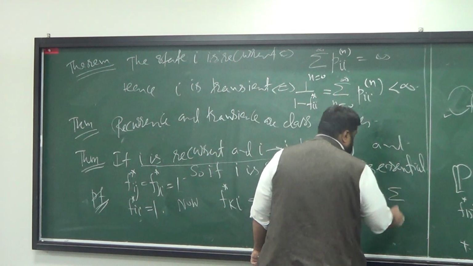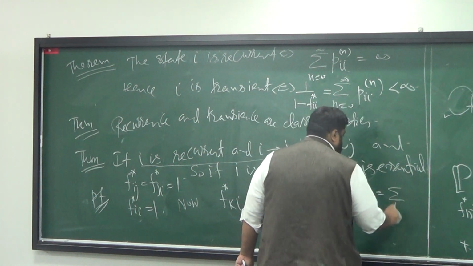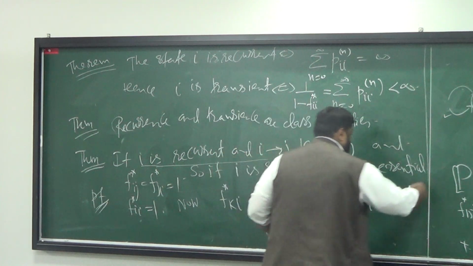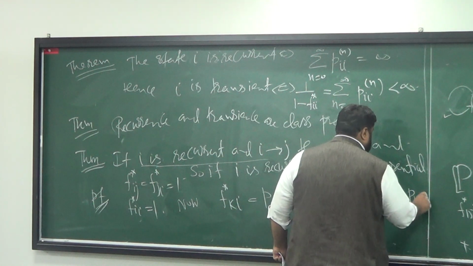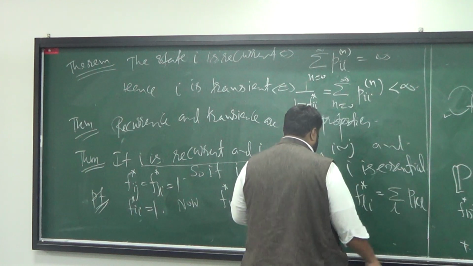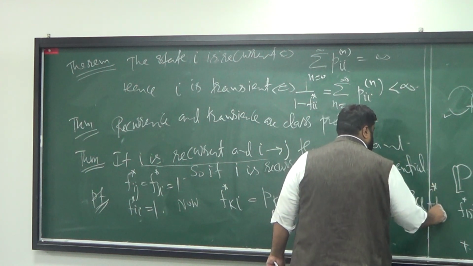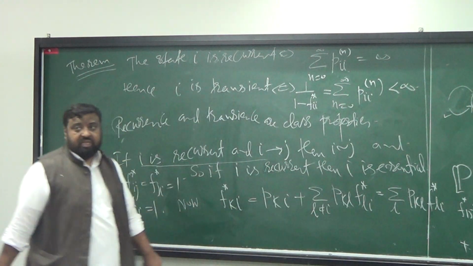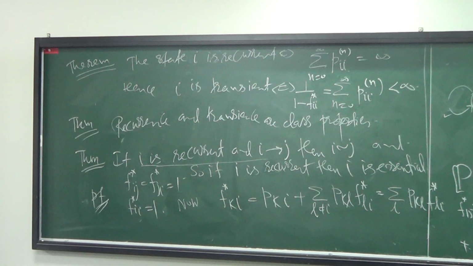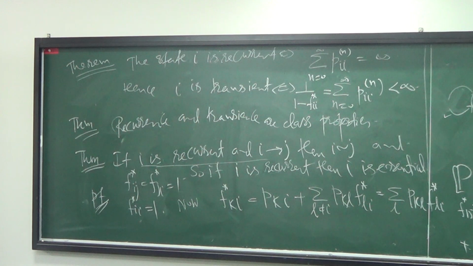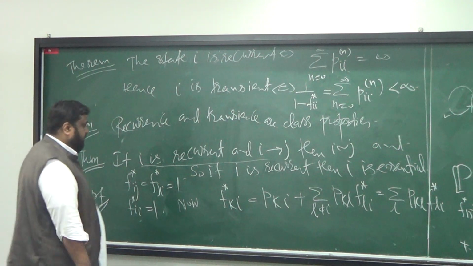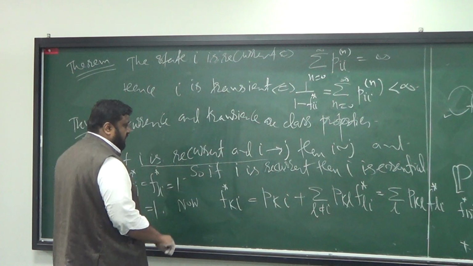Can I say that all this is the sum over L of PKL and F star LI? Can I put them together? Why must we be able to put them together? PKI is already there, so you can use it times F star II, which is 1. Yes. Okay, so I can put this here.